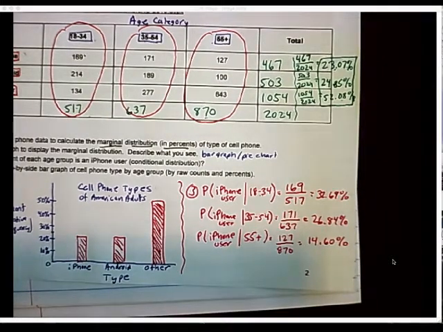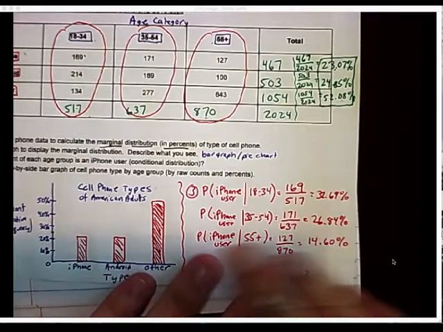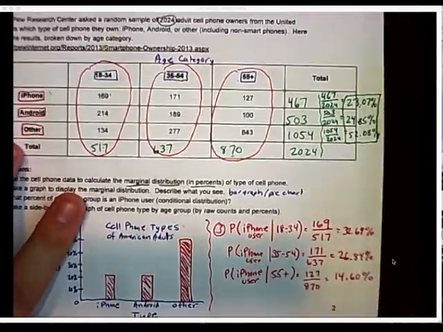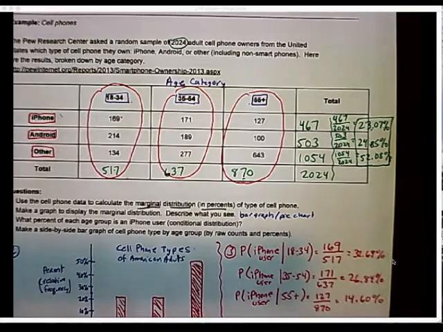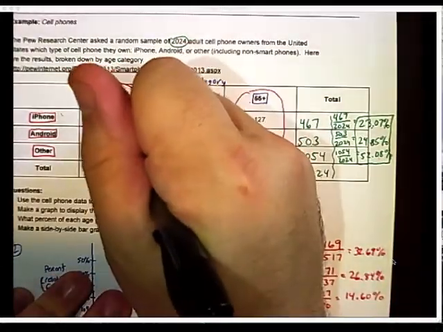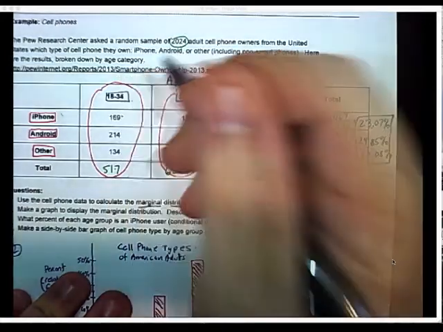Now notice, these three numbers do not add up to 100%. So if we did a conditional distribution here, let's actually go through it for each age group. Here, we already found 169 out of 517.